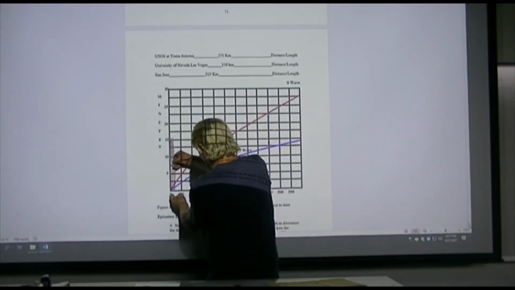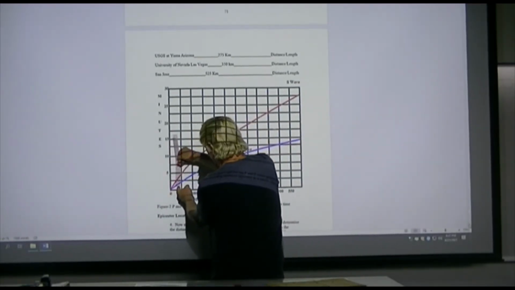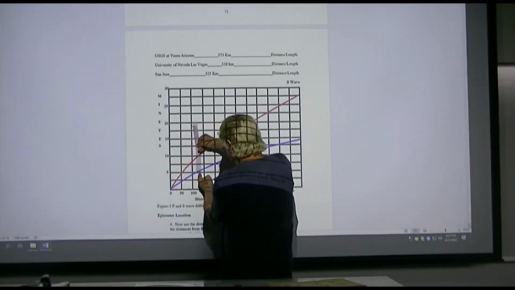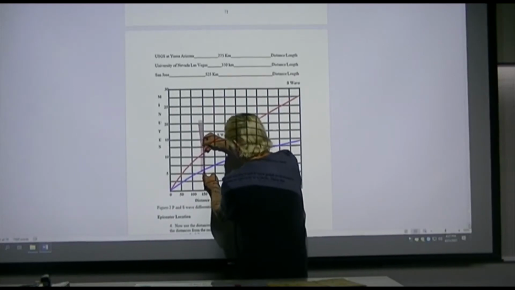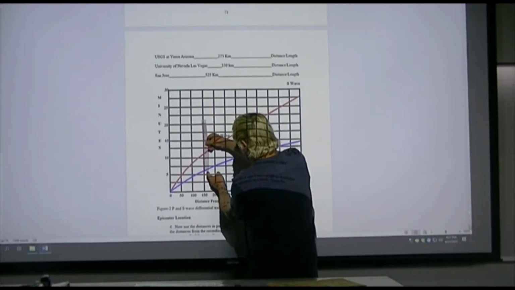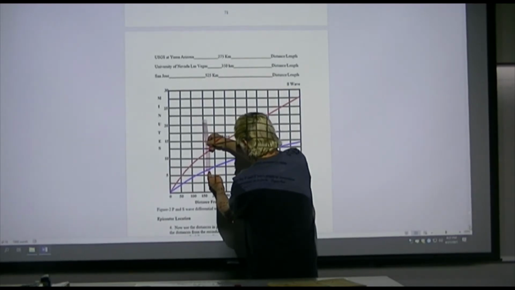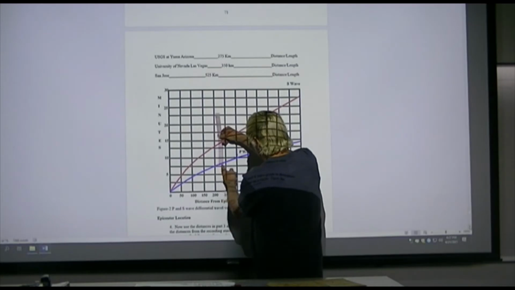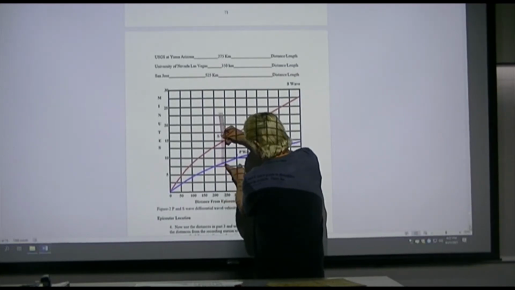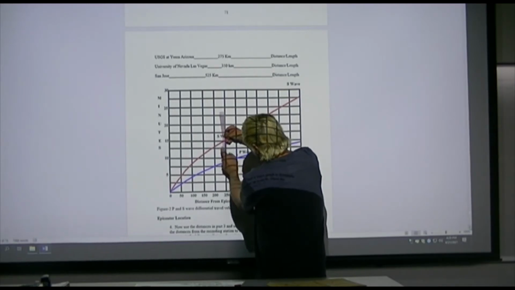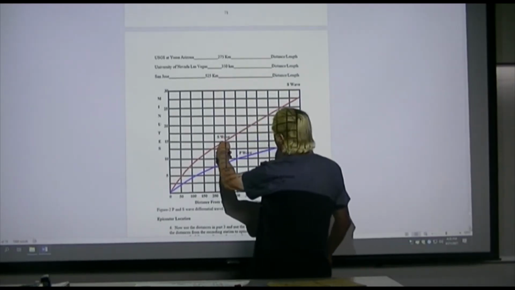You start at the point 0, 0, and you keep the bottom of the ruler on the blue line, and you keep it horizontal the whole time, perpendicular, using the grid lines. When the lines match up on your ruler, this is where you find your distance.